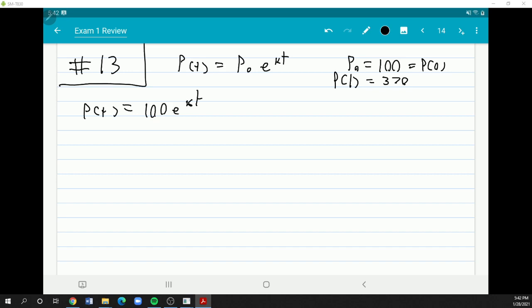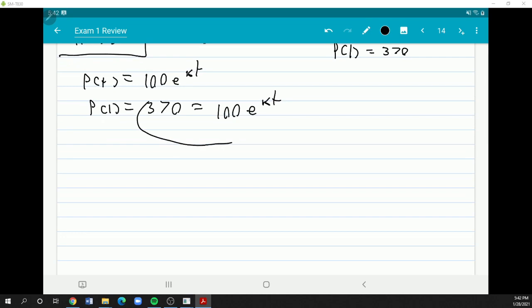Don't know what k is, but we can figure it out. Because P of 1, we know, is equal to 370 because that's the information that the problem gave us. But we also know, because we have the formula, it's equal to 100 e to the kt.